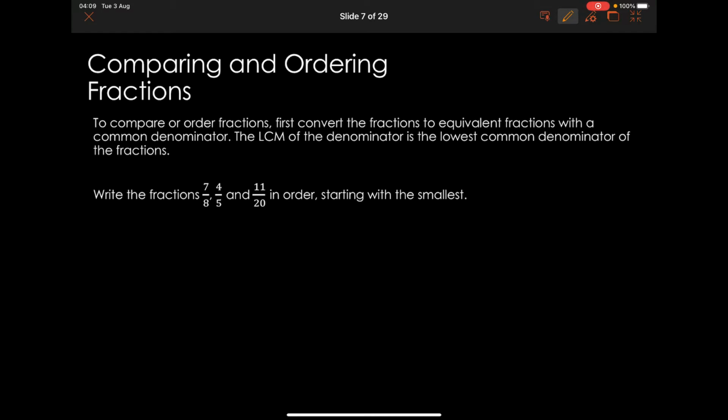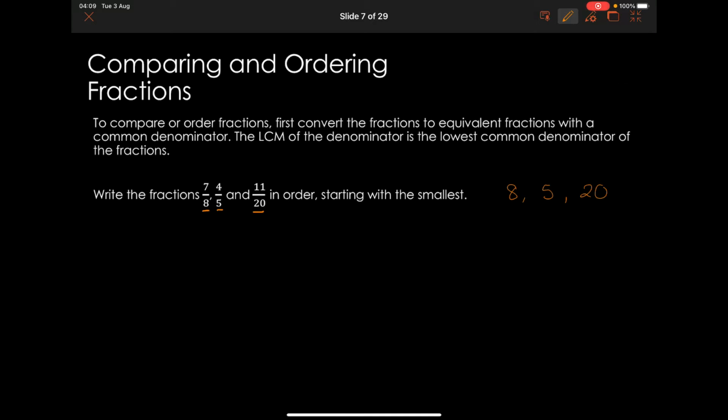the smallest. Well, what we need to do is we need to look at those fractions and we need to think about what number all of these go into, okay? So, really, I've got to think about 8, 5 and 20. What number will all of those go into, okay?